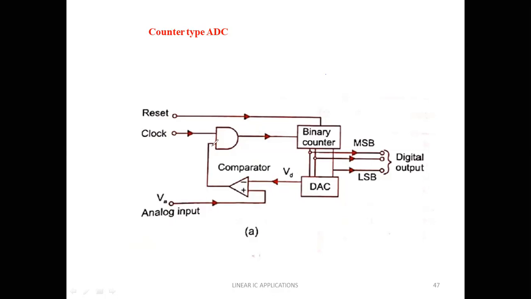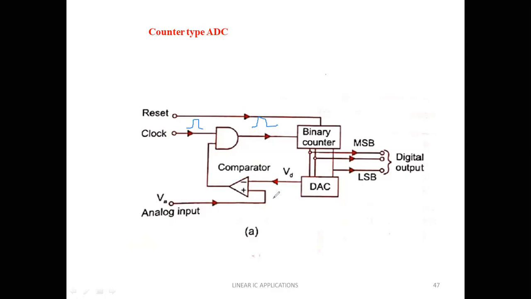When it is high, the clock pulse is transmitted to the counter, and this counter will count the number of pulses. This process will be repeated until the DAC output is equal to the input analog voltage.